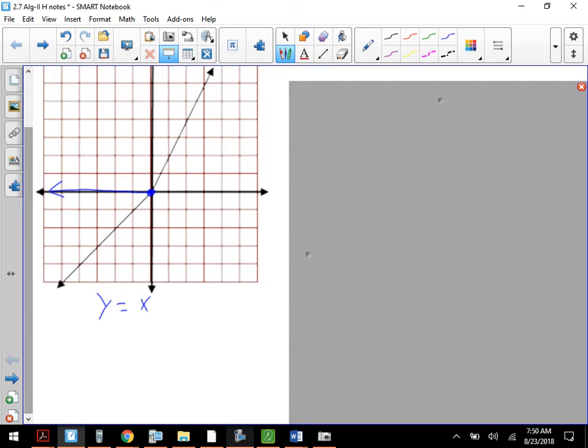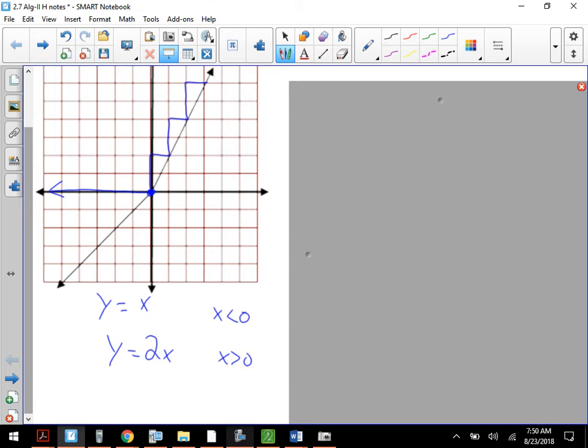And then at 0, it changes. At 0, it changes to a different slope. We could probably figure that out then, can't we? Up 2 over 1, up 2 over 1, up 2 over 1. So what do you think the slope is? 2. So then at 0, it changes to y equals 2x for when x is greater than 0, and this is for when x is less than 0.